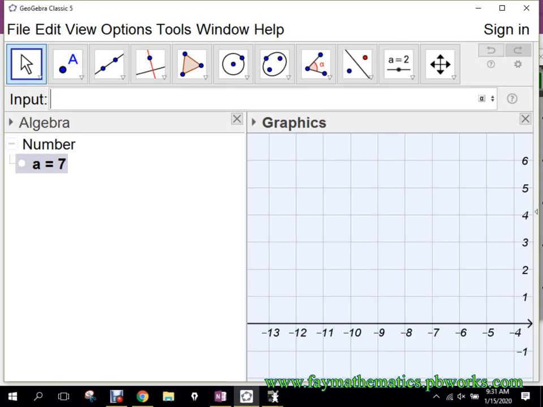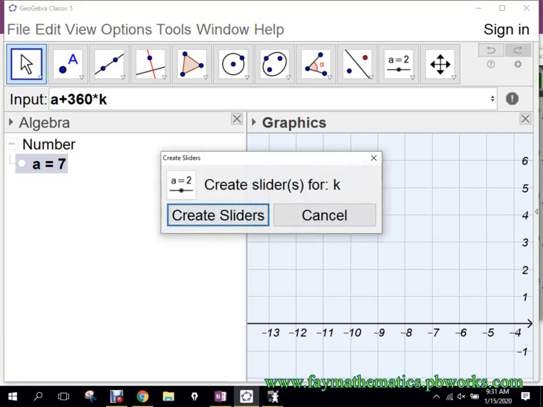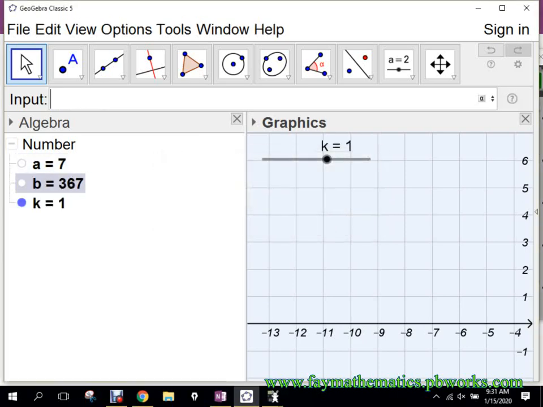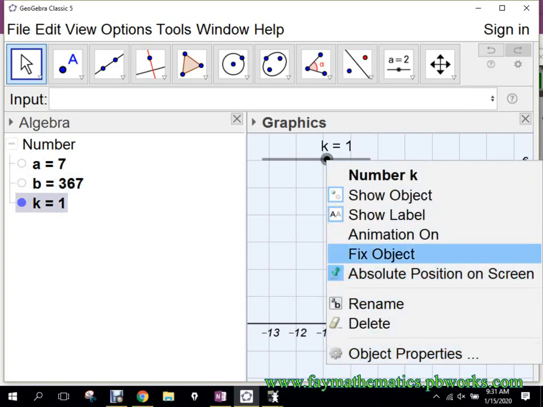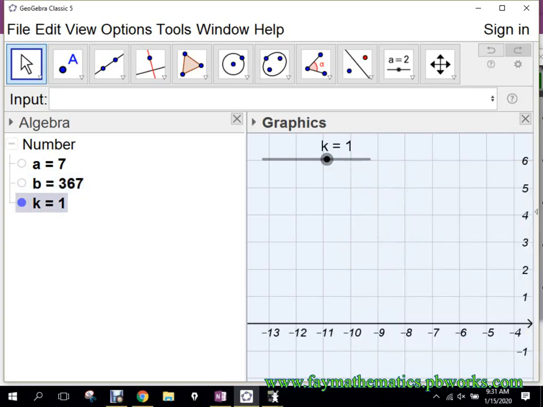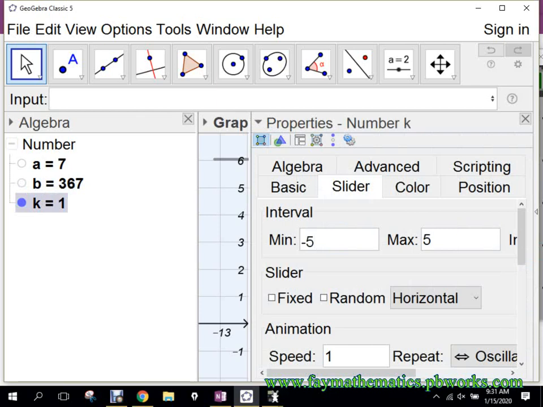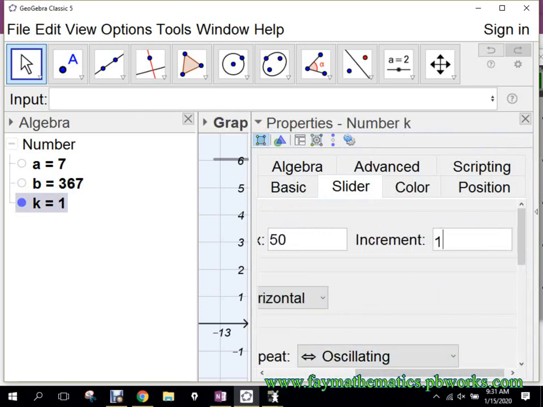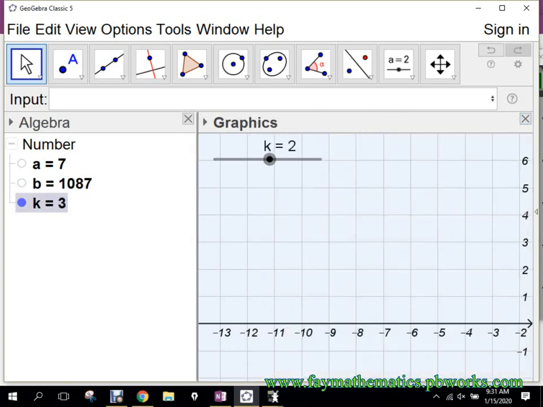I'm going to take 7 and add 360 times K to that, and I'm going to let K be an integer. So let's adjust this to increments of 1. That allows this K value to slide around and be just an integer, no decimals or anything like that.